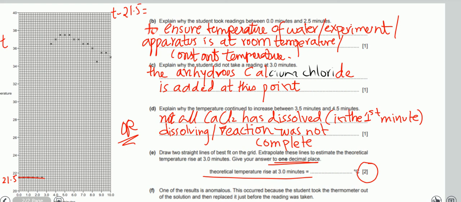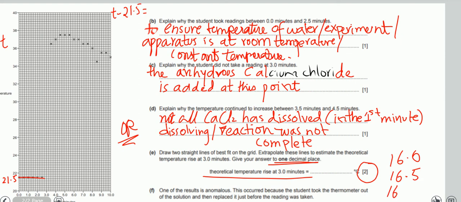The marking scheme doesn't specify a really specific answer. They just say that 1 mark is for the theoretical temperature rise, with your answer being to 1 decimal place. So if it's 16, you have to write it like this, or if it's 16.5, you have to write it like this.